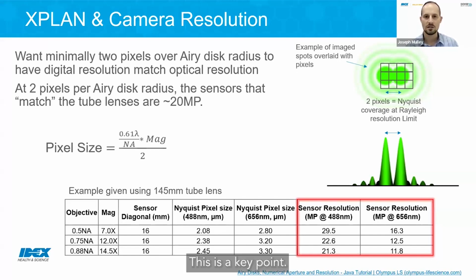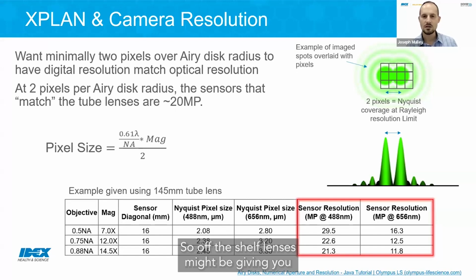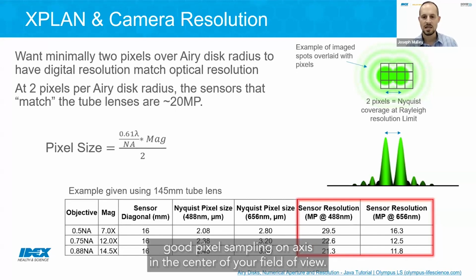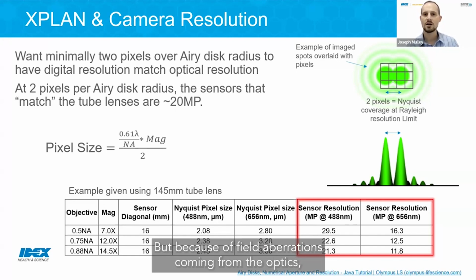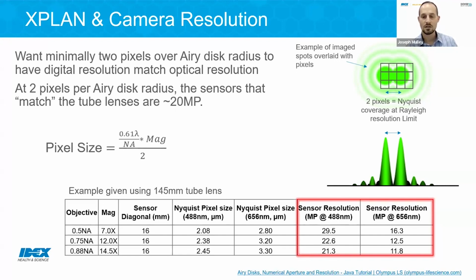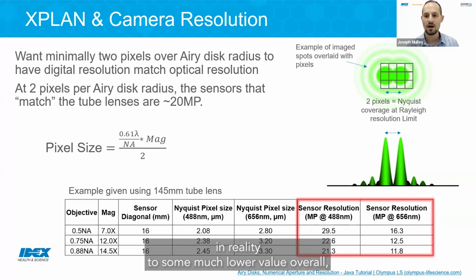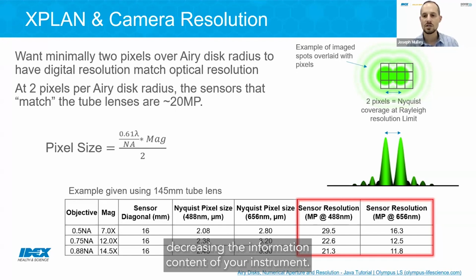This is a key point. So off-the-shelf lenses might be giving you good pixel sampling on axis in the center of your field of view, but because of field aberrations coming from the optics, the amount of useful information gets throttled down in reality to some much lower value, overall decreasing the information content of your instrument.